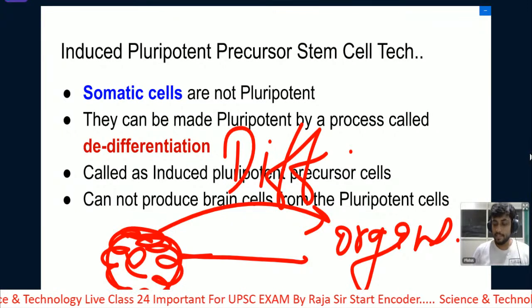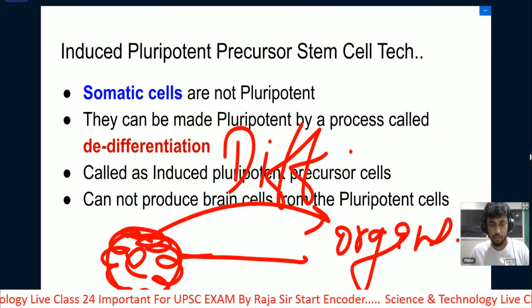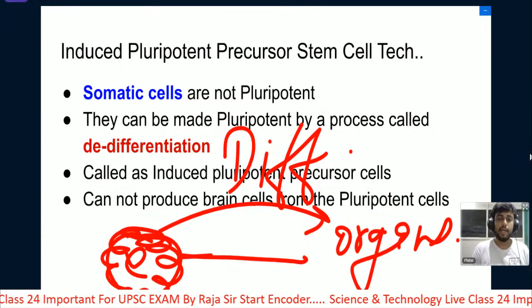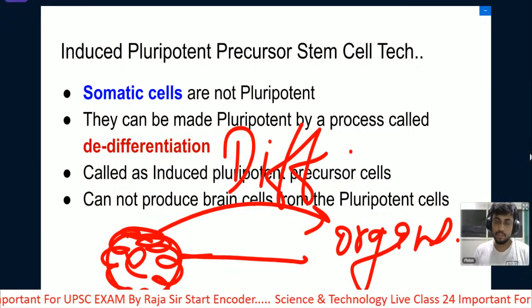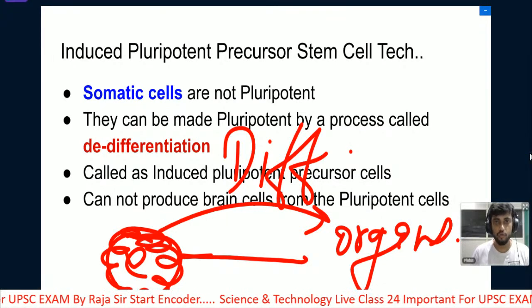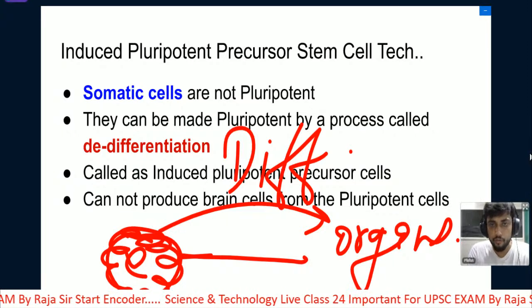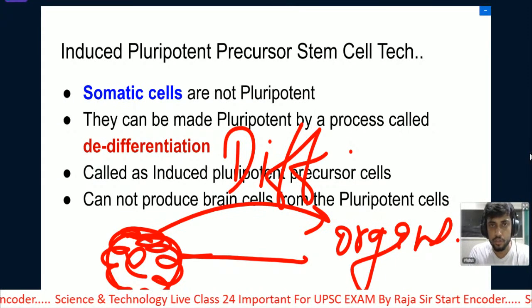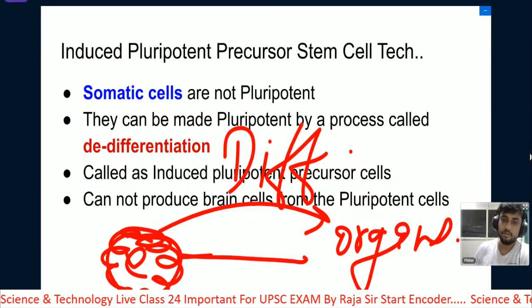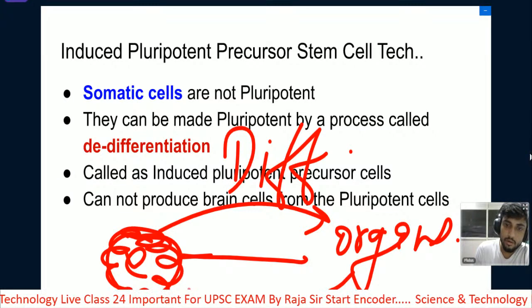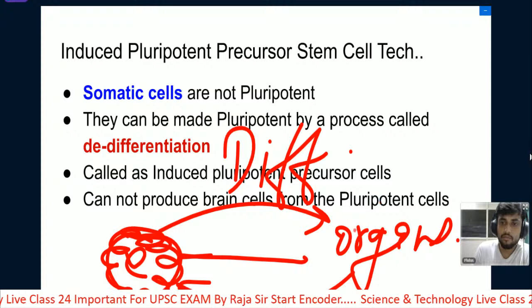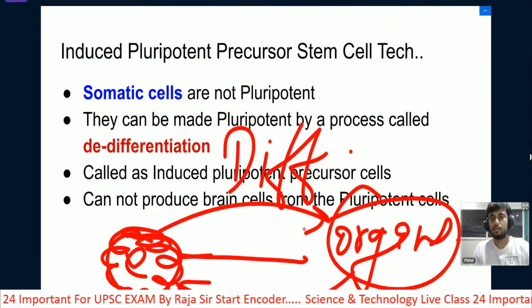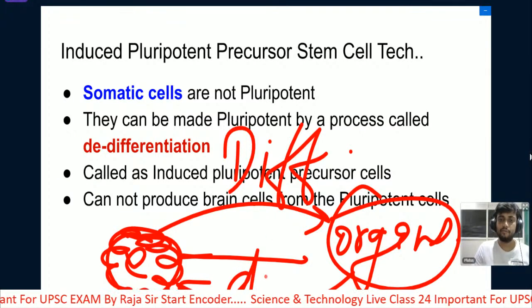Then the scientists realized that it can be a two-way process. They were inspecting whether it could be a two-way process. If by differentiation we get different organs from the embryo, then we can also get embryo-type cells from the organs. This process is known as de-differentiation.